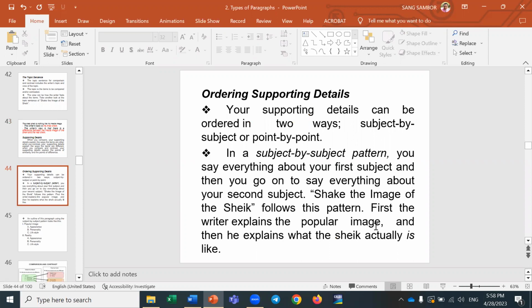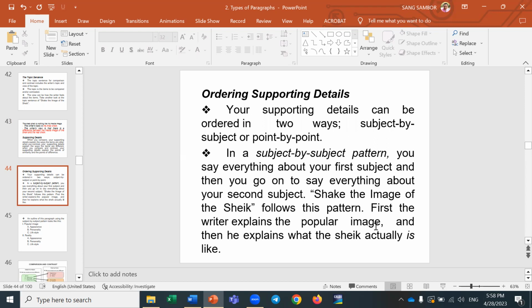Ordering supporting details. Your supporting details can be ordered in two ways, subject by subject or point by point. Remember, when you are writing your comparison and contrast analysis, you will have to organize your supporting details.